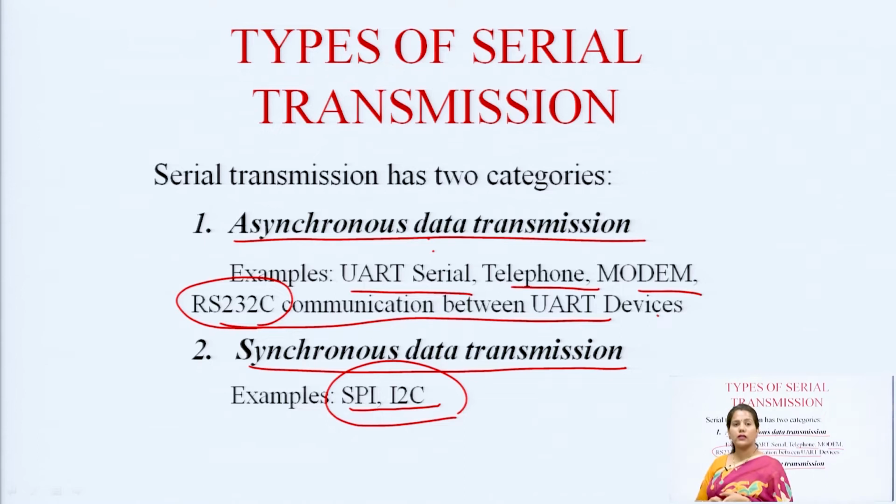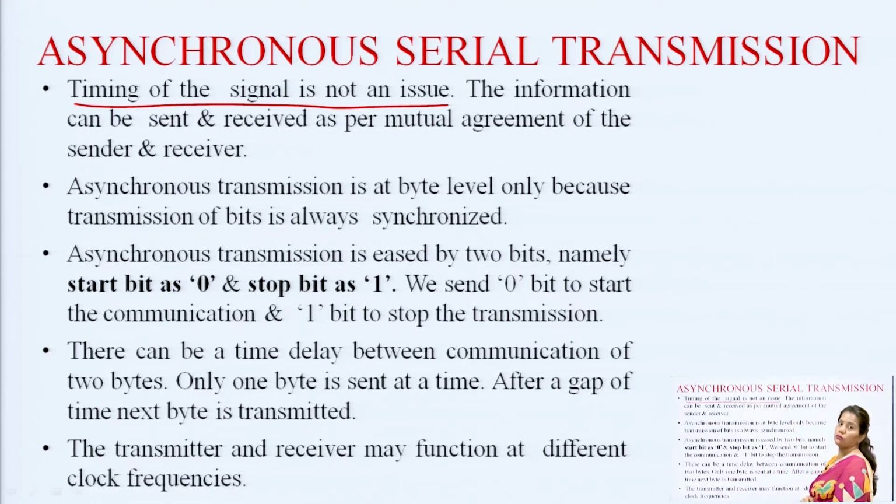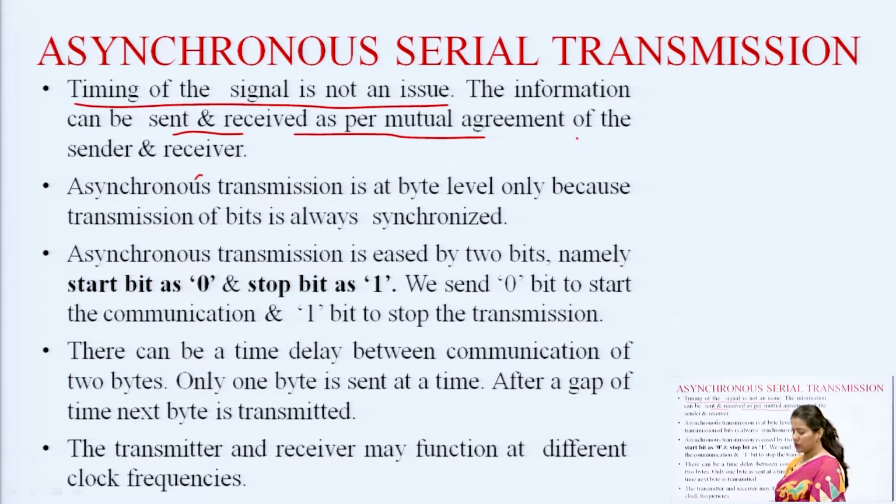In synchronous data transmission, a clock will be used and the data transmission will take place in perfect synchronicity. So, let us see. When we are talking about asynchronous serial transmission, the timing of the signal is not an issue. The information can be sent and received as per the mutual agreement of sender and receiver.